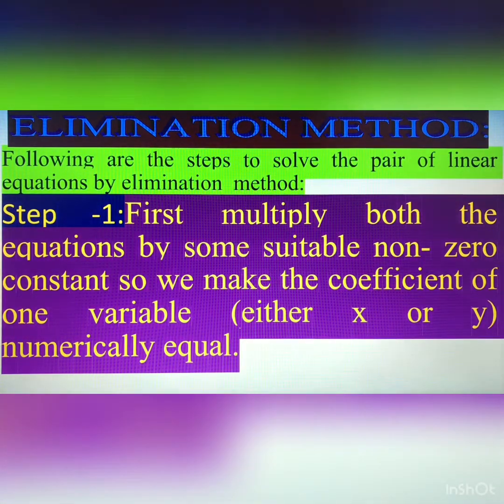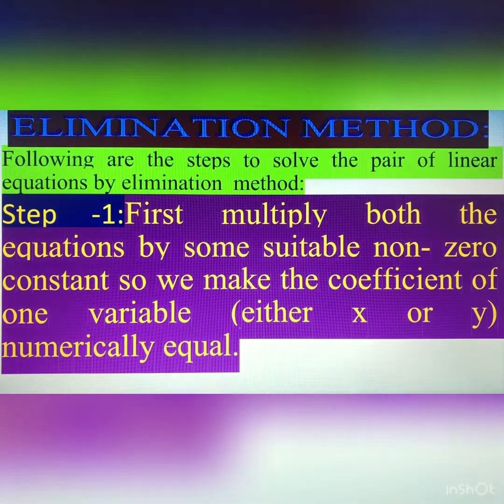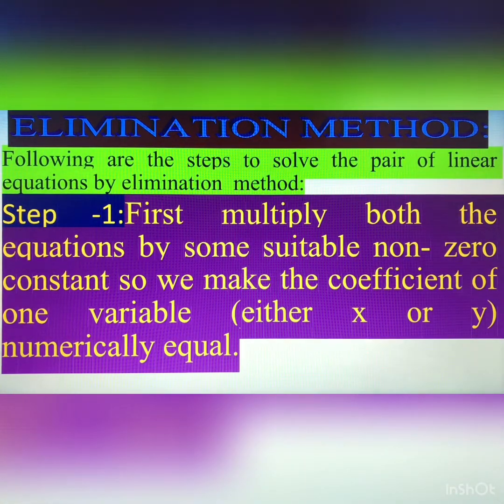So we make the coefficient of one variable, either x or y, numerically equal. Means our aim is to make any one variable have the same coefficient by multiplying by a non-zero constant.